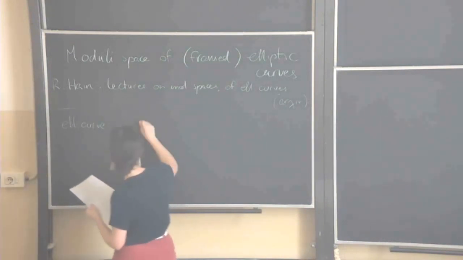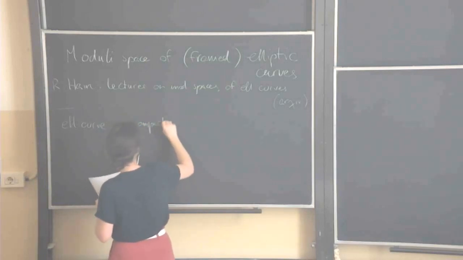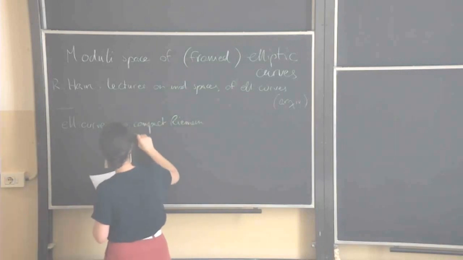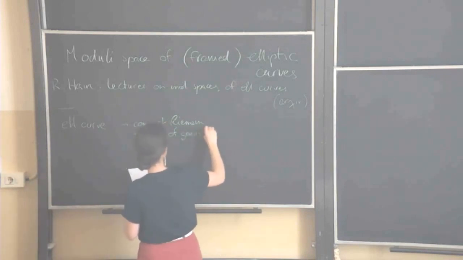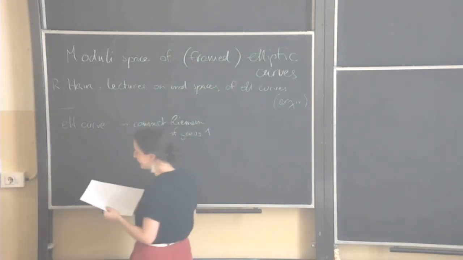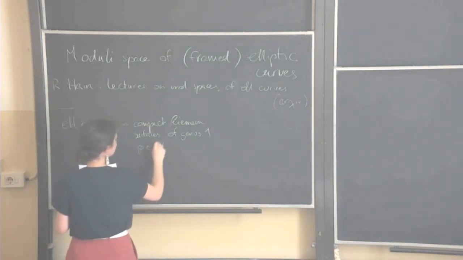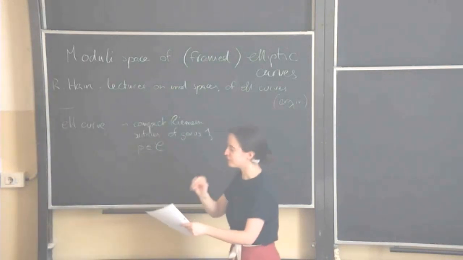The first is as compact Riemann surfaces of genus 1, where you choose a point, which will be your 0 point. So basically pointed curves.